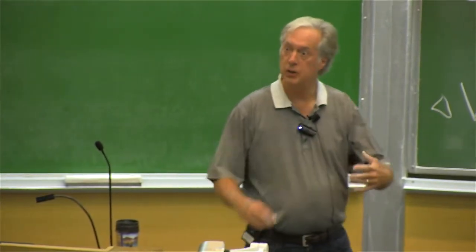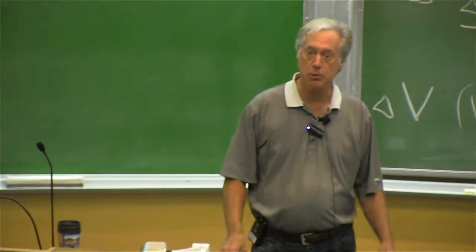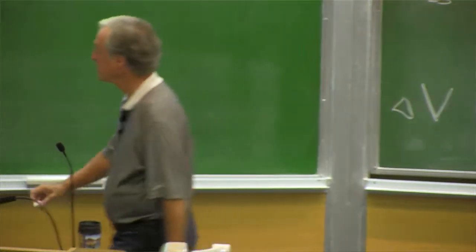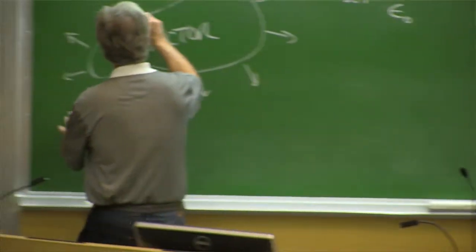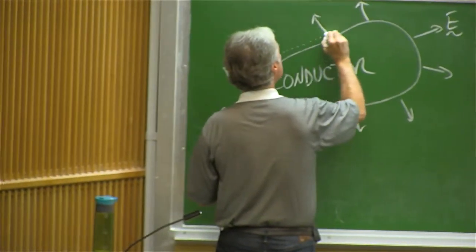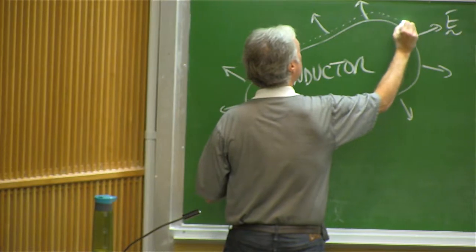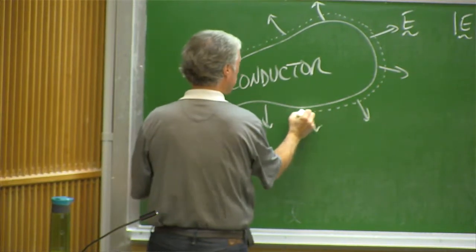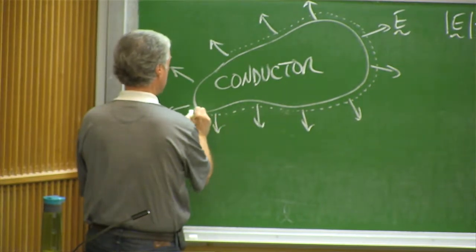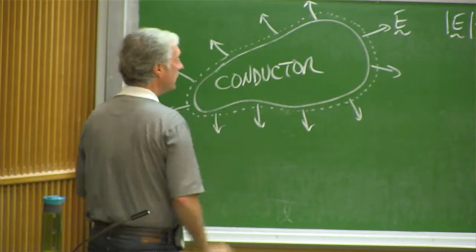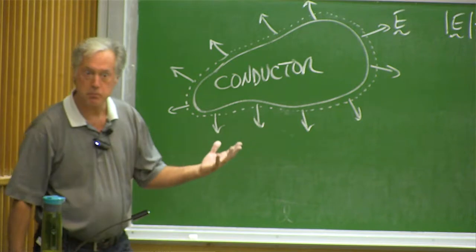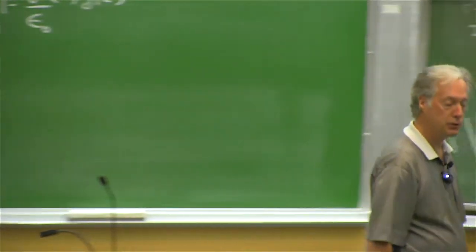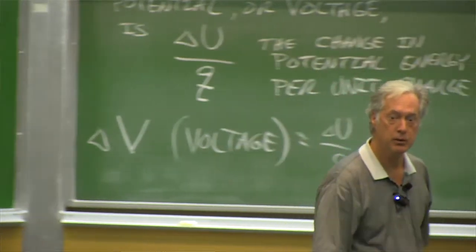So if I want to ask myself, what do the surfaces of equipotential look like near this object, they all must follow the contour. Everywhere they're perpendicular to the electric field. So even though this shape is not spherical, near the surface, the equipotentials follow the surface shape for a conductor.